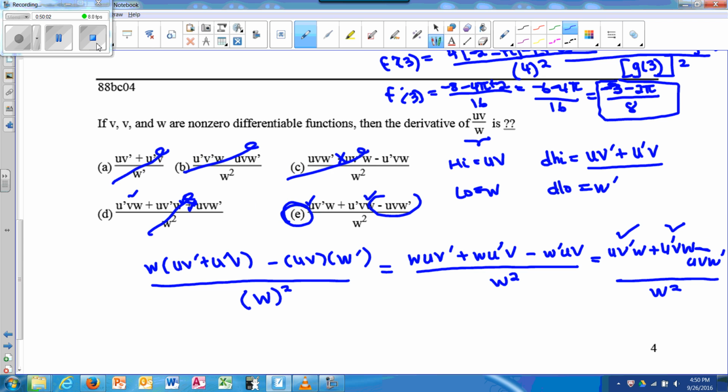So we can eliminate this one. I definitely need 3 terms on the top, so I can eliminate this one. I also have on the top, besides the U, V prime, W, a U prime, VW. So U prime VW is positive. But now my last term needs to be a negative, UVW prime. So this one's wrong. We can eliminate it. Our choice is E.